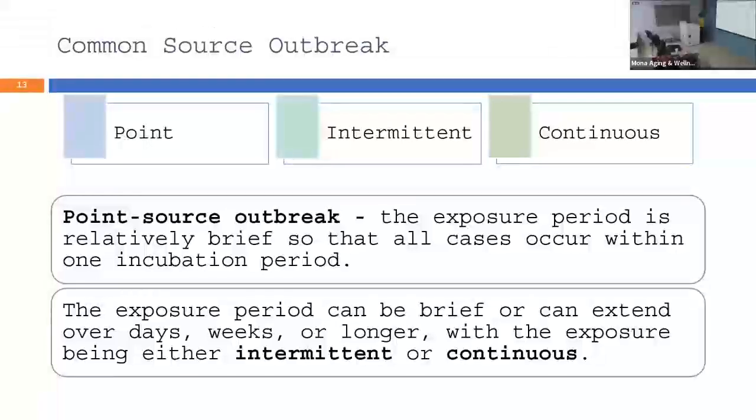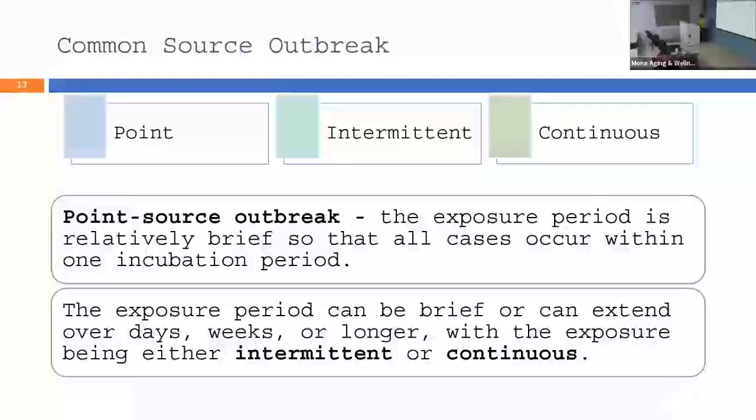And we will look at those one by one, but to say for point source, the exposure period is relatively brief, just a single source, everybody is infected at the same time. And all the cases tend to occur within one incubation period, and that's it. Church picnic. Chernobyl, yeah.